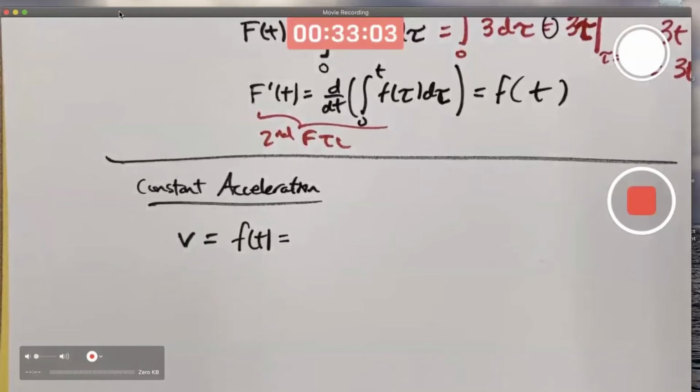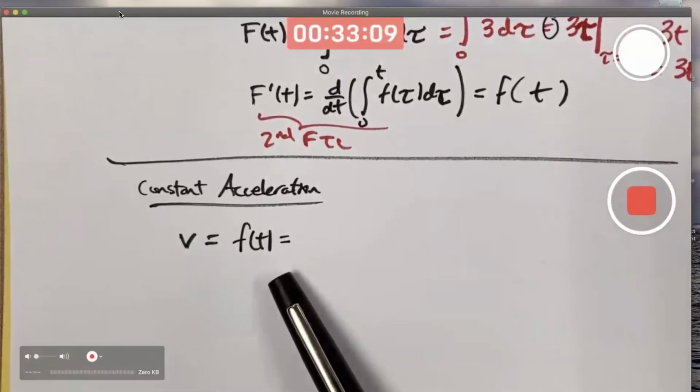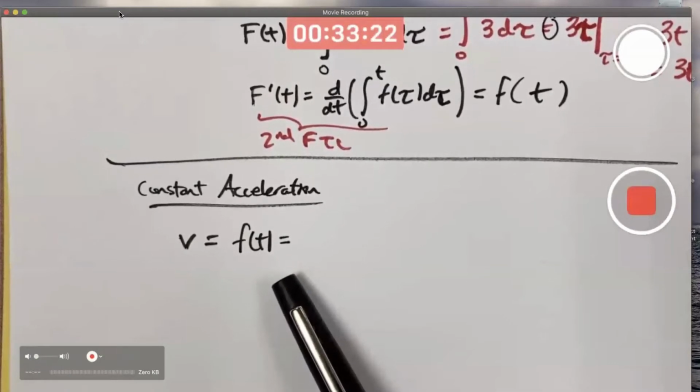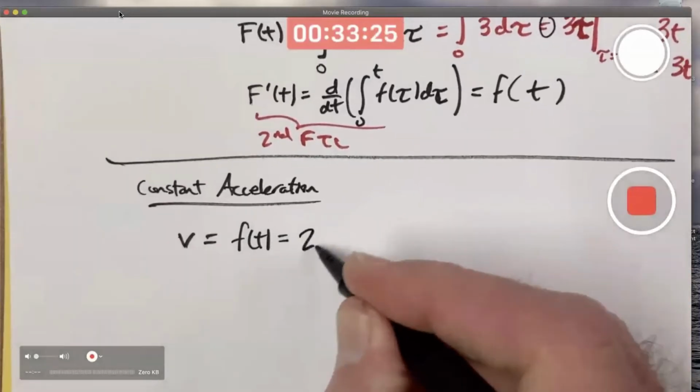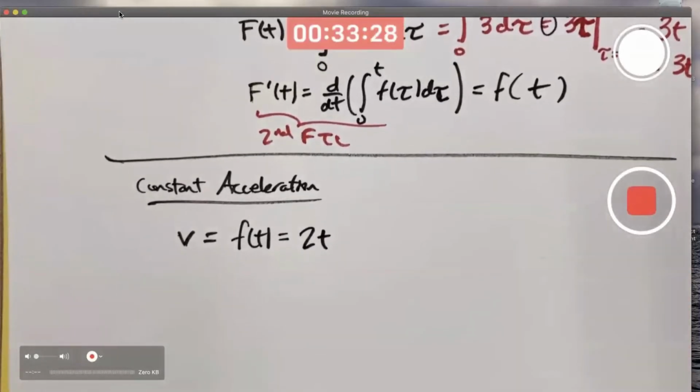If acceleration is 2, constant, what would the speed be? Integrate the acceleration. Right? 2t plus c, well, I'll take the c to be 0. So this is a new example.